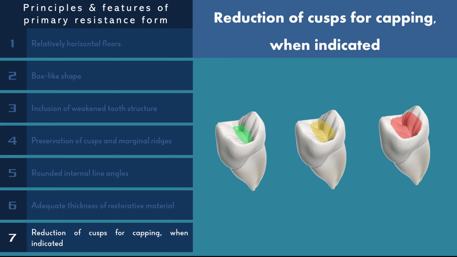So whenever the cavity extends from the central fissure towards the cusp tip more than 2/3, then cusp capping is mandatory. So these are the different principles, features and factors which are essential to maintain and to provide an adequate primary resistance form while doing the tooth preparation.